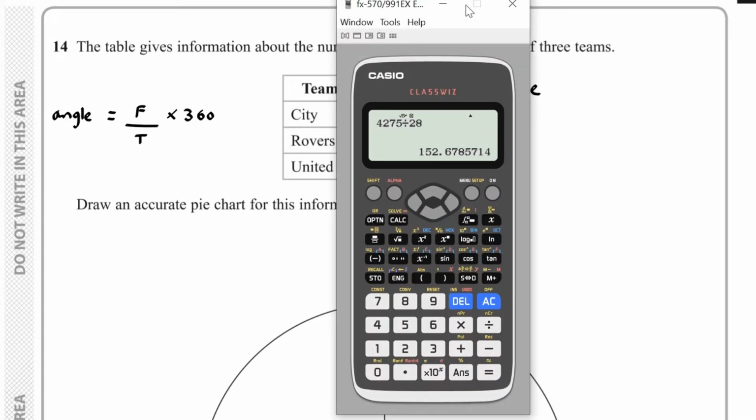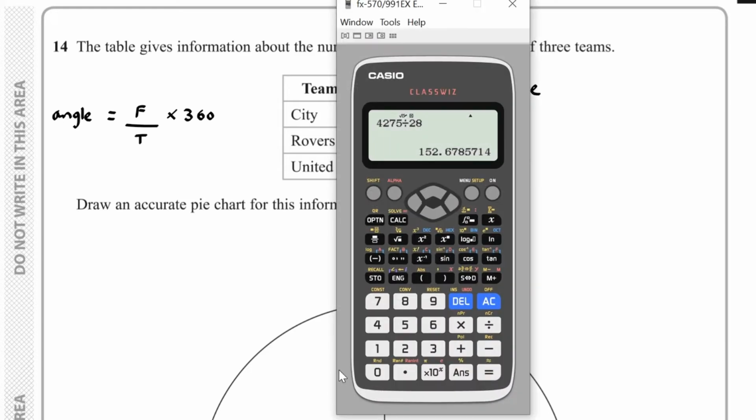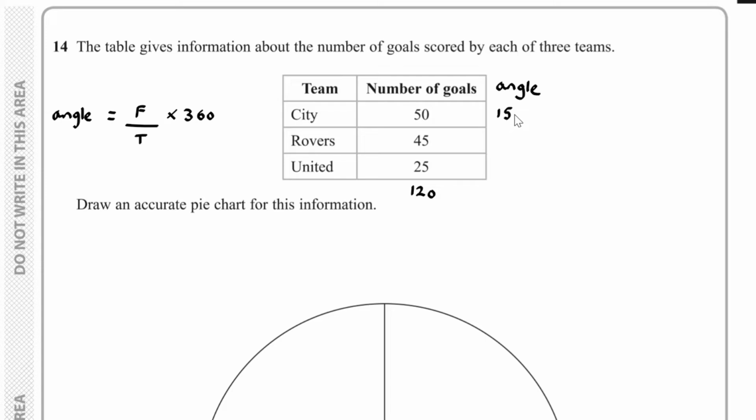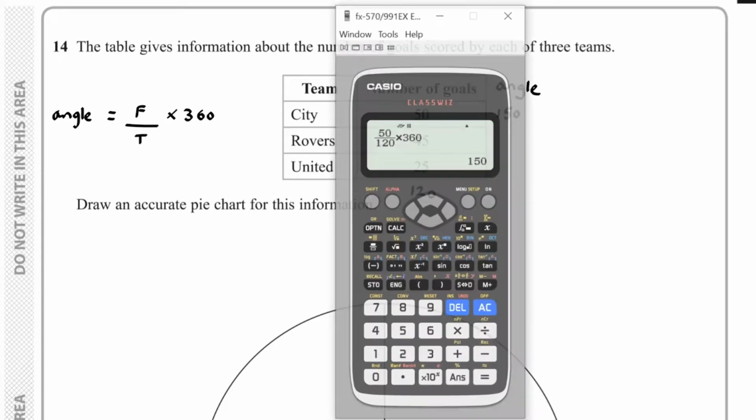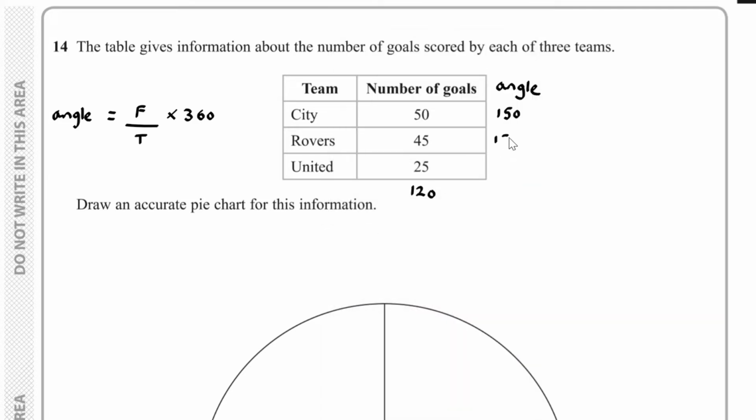So the total over here, 50 plus 45 plus 25, that's 120. So the angle corresponding to City, that will be 50 over 120 times 360, which is 150. Then we've got Rovers, which is 45 over 120 times 360, which is 135.